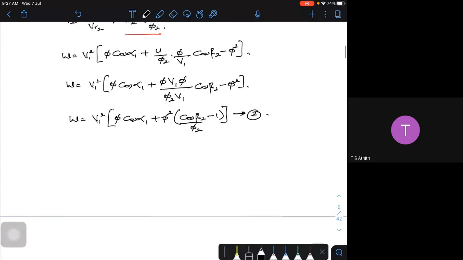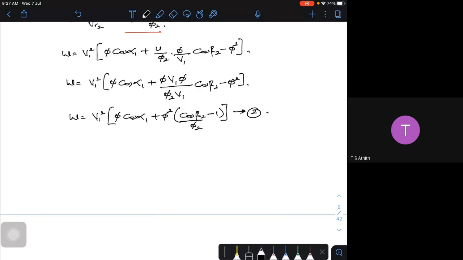Now you have something called gross stage efficiency. What is this gross stage efficiency? This is equal to work done divided by the isentropic enthalpy drop in the nozzle plus the isentropic enthalpy drop in the blade.